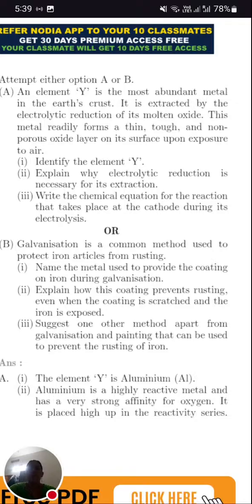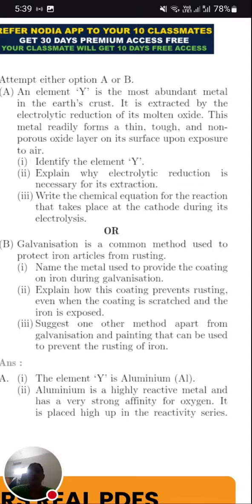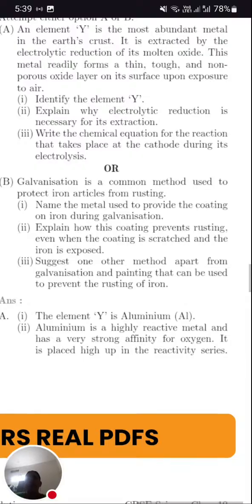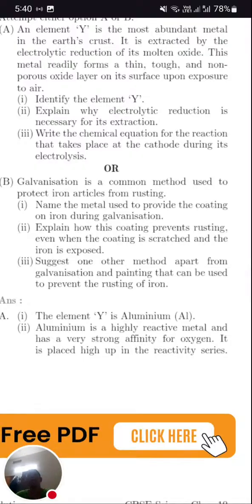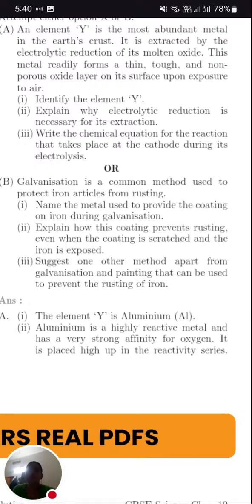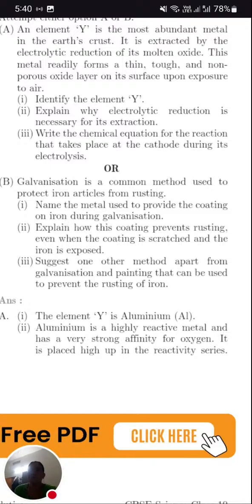Next question, explain why electrolytic reduction is necessary for its extraction. Aluminium is a highly reactive metal and has a very strong affinity for oxygen. Generally, metals are first oxidized either by calcination or by roasting, depending on their ores, and then they undergo reduction if they are in the middle of the activity series.